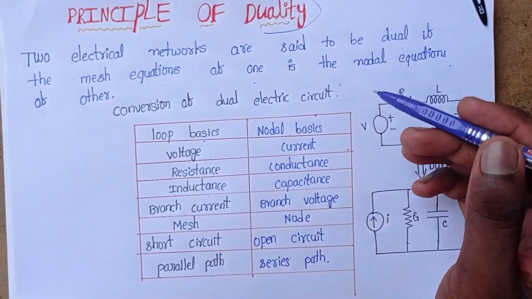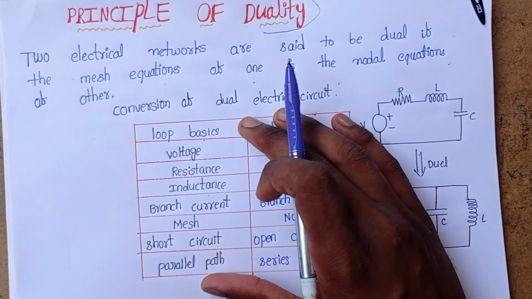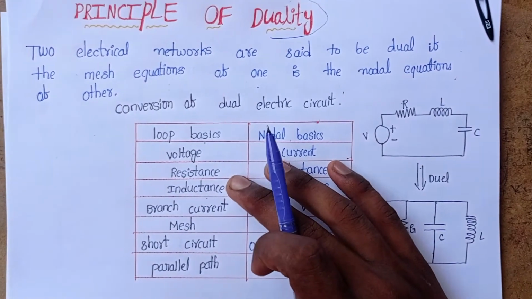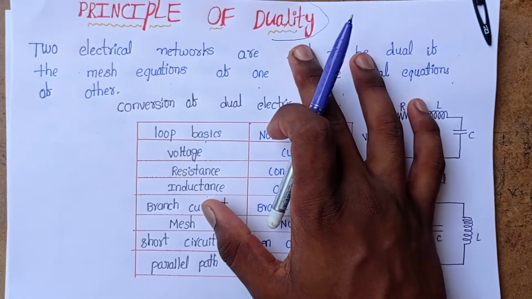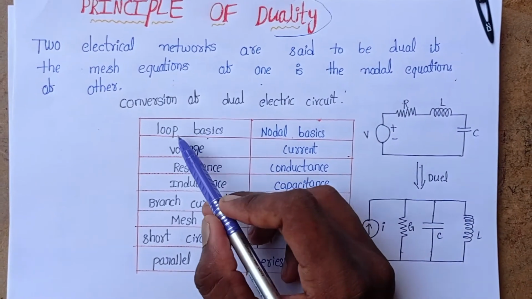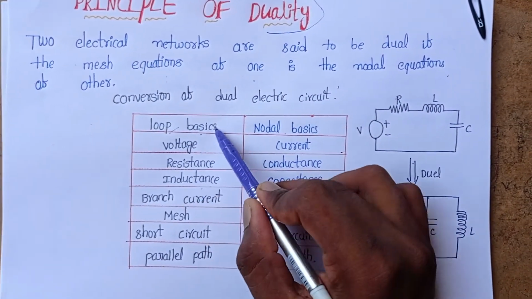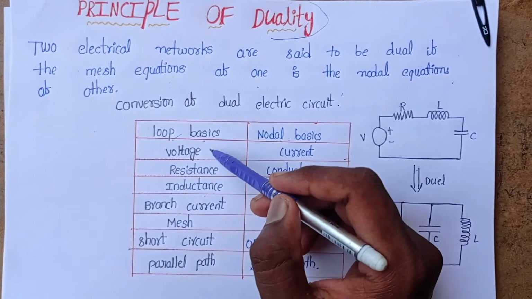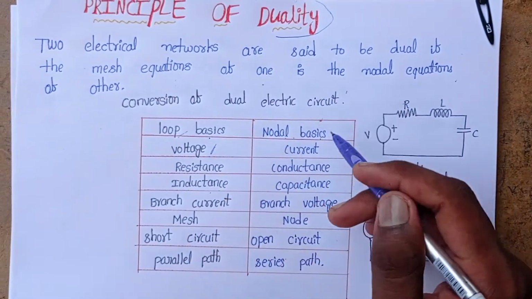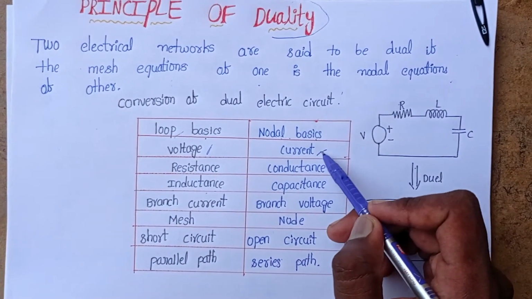First, there are some terms we need to remember for converting one circuit into another using the duality principle. If we have a circuit on a loop basis, we can convert it to a nodal basis. If we have a voltage in the circuit, we replace it with current.